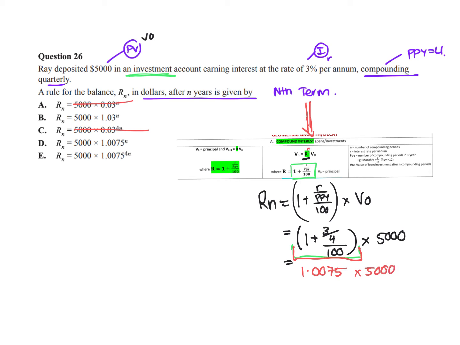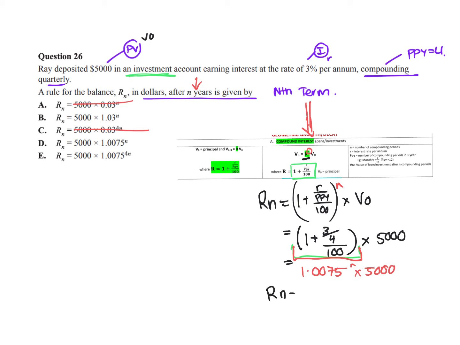So which one's showing this rule? Now, you can see how it says to the power of n, so that's actually to the power of n. So which rule is it? It's this one, this guy here, D. Actually, they want the rule for n years, so we better write this. This is the formula.